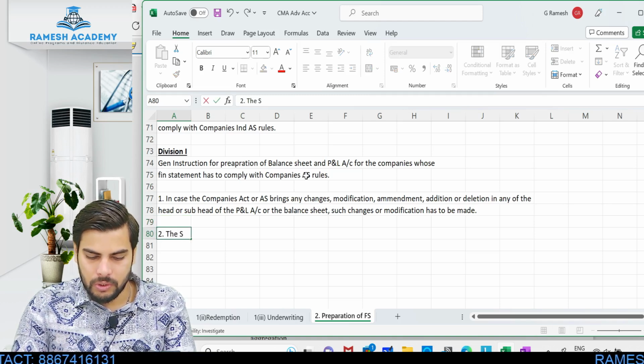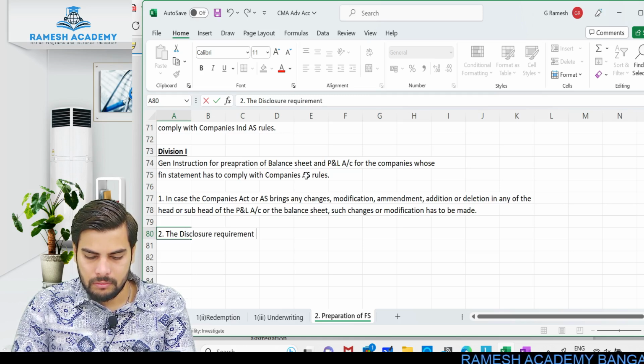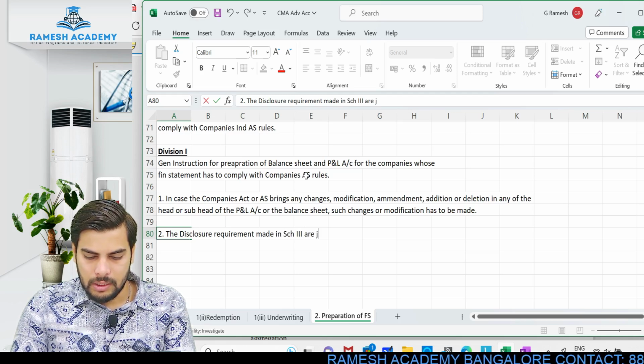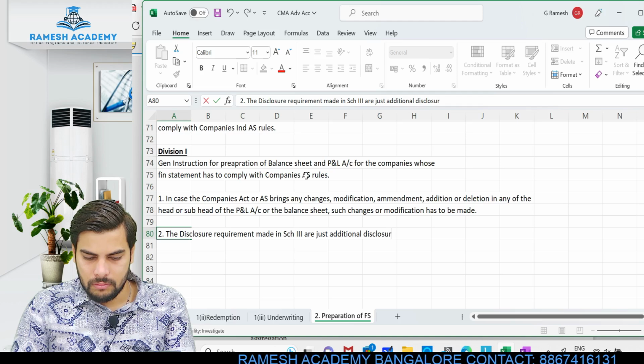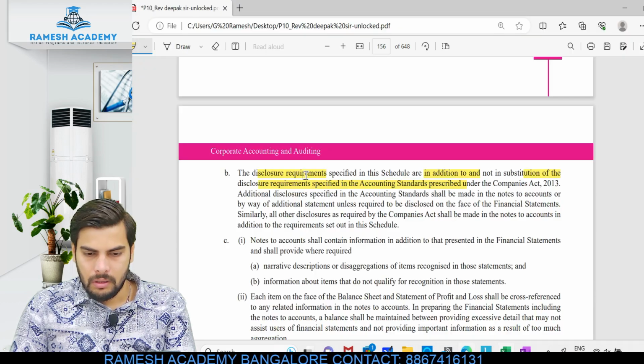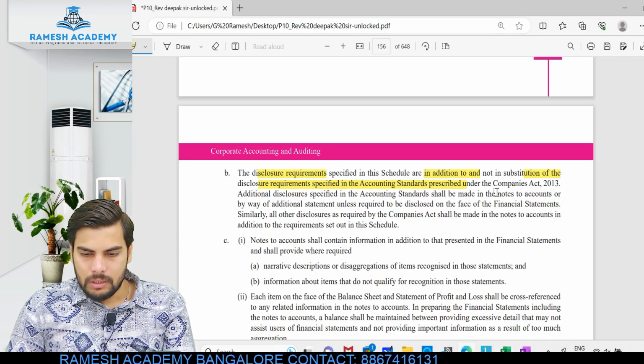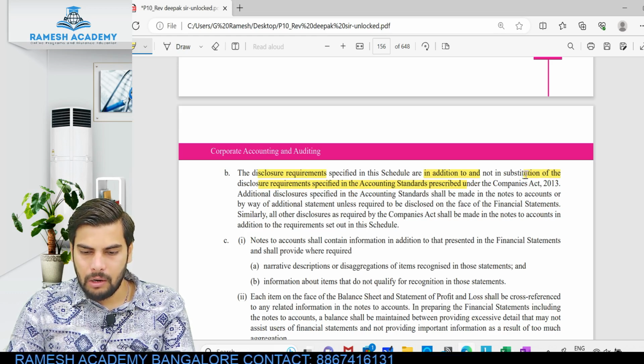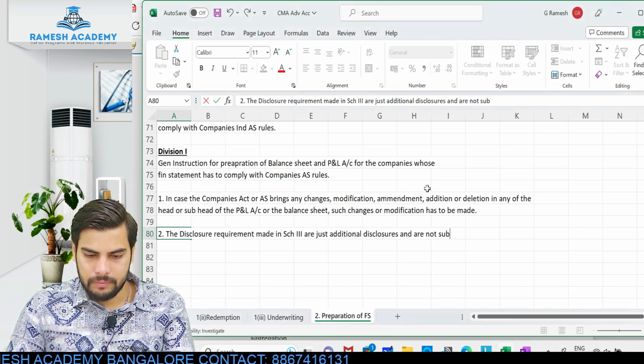So the disclosure requirements made in accounting standard or made in schedule 3 are just additional disclosures and are not substitutional, and are not in substitution of the disclosure.